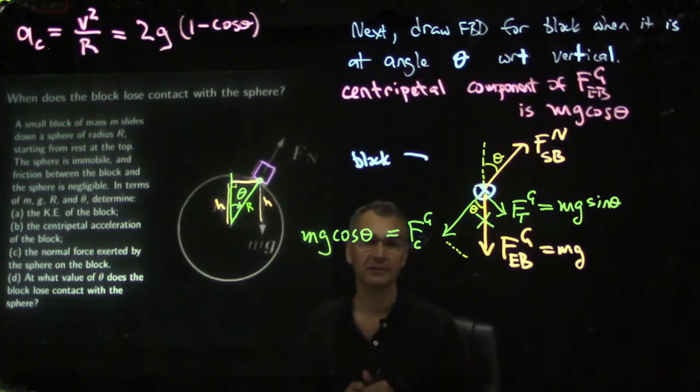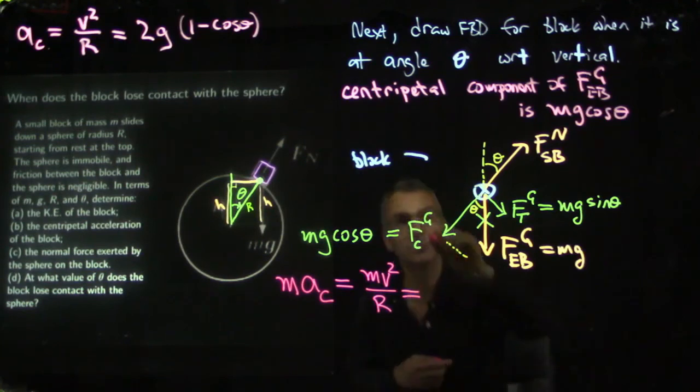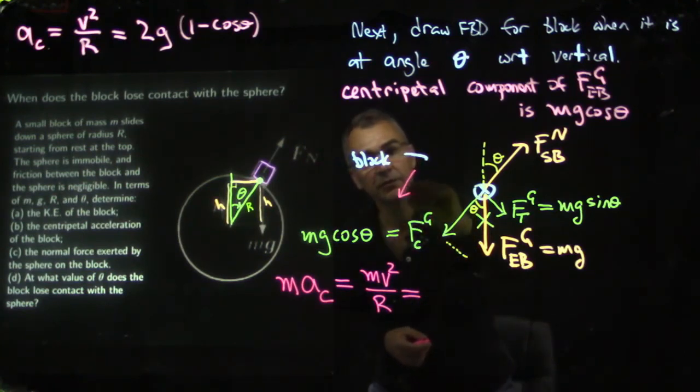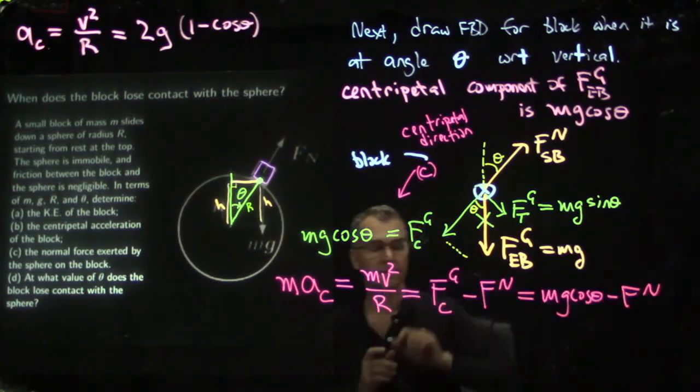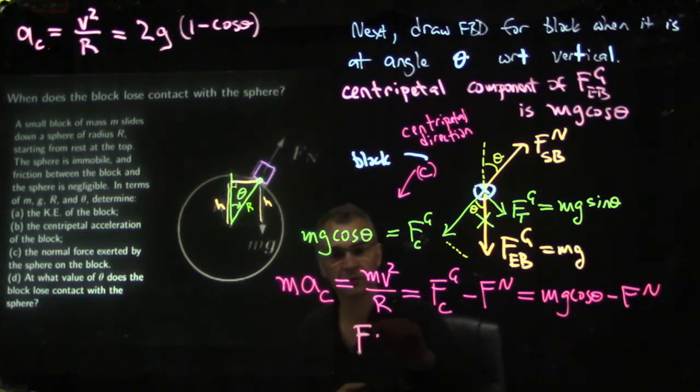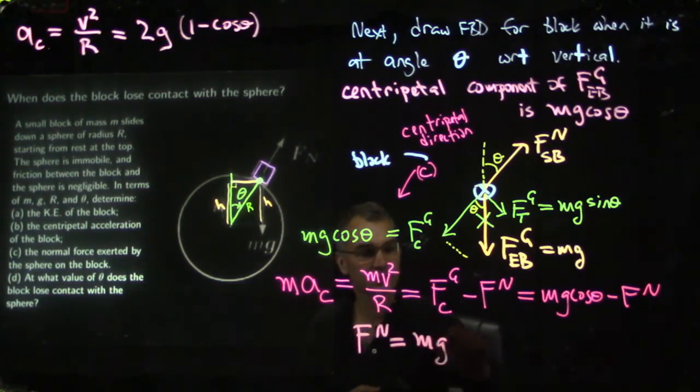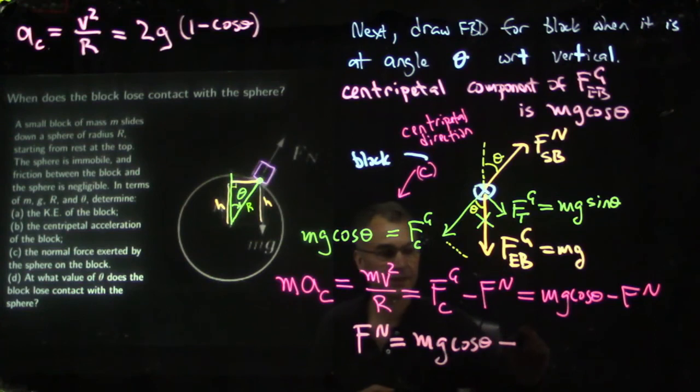Now we can write Newton's second law for the radial coordinate to figure out how big the normal force is. So the centripetal direction is this way. So that gives us the normal force is mg cosine theta minus mv squared over r.